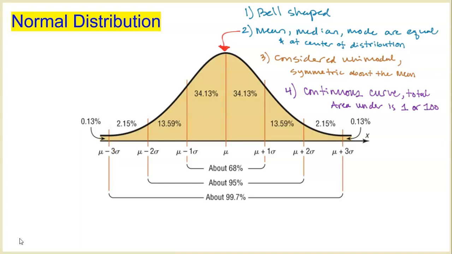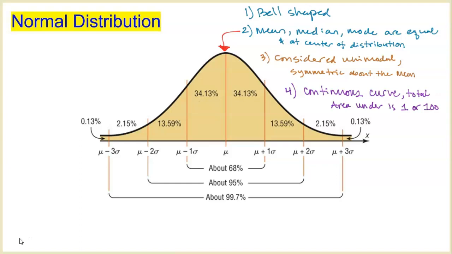So other features we want to be able to talk about, things that we haven't discussed since chapter 3, is the concept of a z-score, or in this case, the number of standard deviations a value is above or below the mean. And so here in the distribution, we can see that different parts of it are partitioned off with a percentage in it.